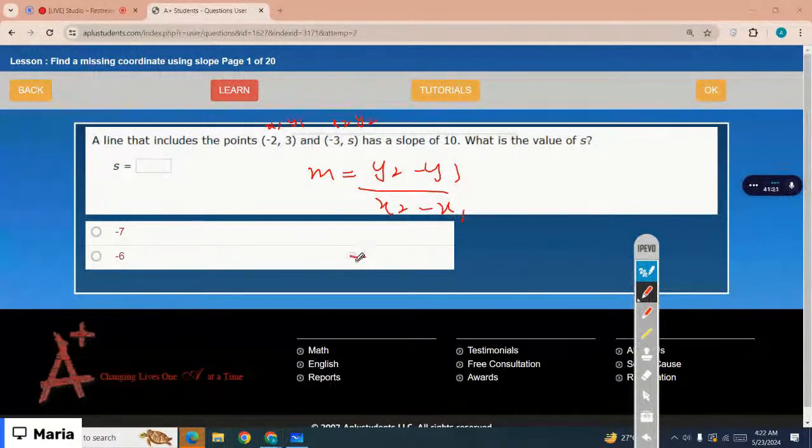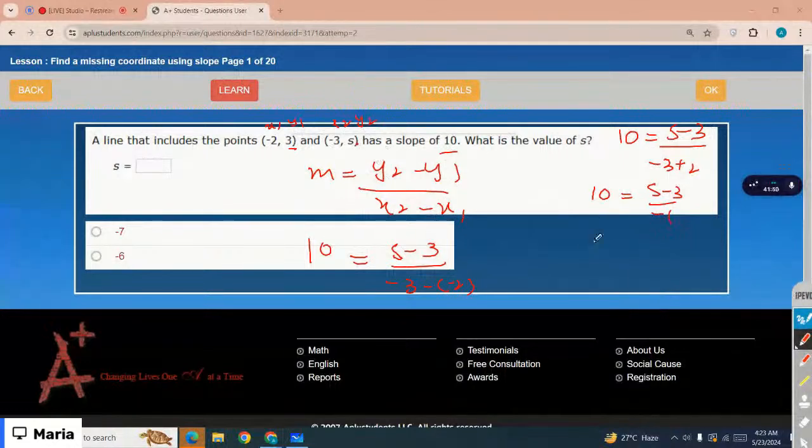The slope is 10. y2 minus y1 is s minus 3. Then x2 minus x1. So that would be 10 equals s minus 3 divided by negative 3 plus 2. That is 10 equals s minus 3 over negative 1, right?